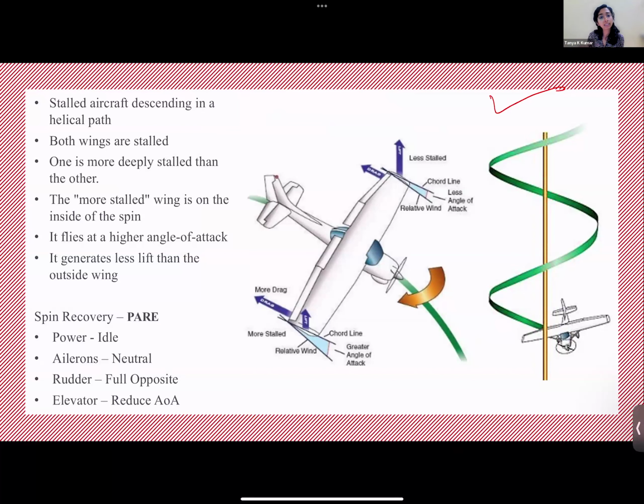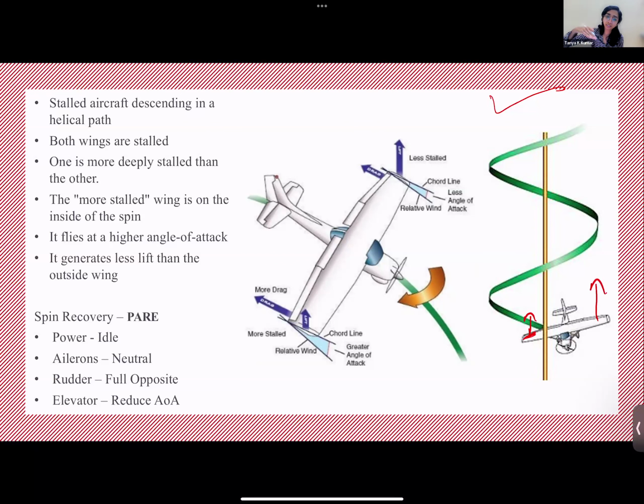Okay, so both the wings are stalled, right? But one wing is more deeply stalled than the other. And the wing that is more deeply stalled is on the inside of the spin. So this side of the wing is more deeply stalled, and the lift produced on that wing is much less than the lift produced on the other wing. So this is the lift on this wing, and this is the lift on the outside wing, right?